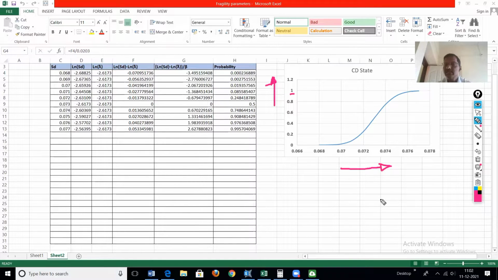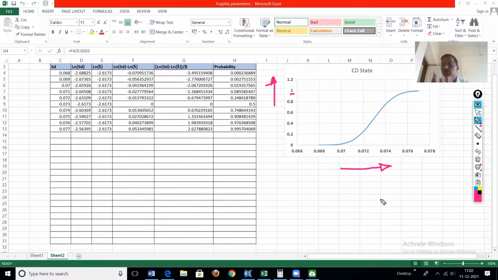Now, seismic intensity is expressed by different parameters. We can express seismic intensity using PGA, peak ground acceleration. So on the x-axis we can take PGA, or we can take SAT1, the spectral acceleration for the first, fundamental mode, for 5% damping. Also, we can take PGD, peak ground displacement, or SD, spectral displacement.